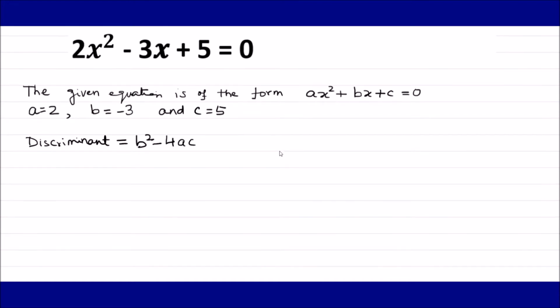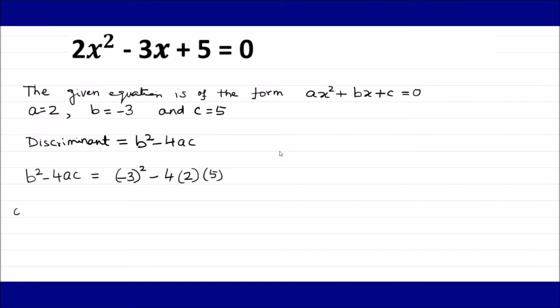Now let us solve for the value of the discriminant. We put all these values into b² − 4ac. The value of b is minus 3, so we write (−3)² − 4 into a, where the value of a is 2 and the value of c is 5.